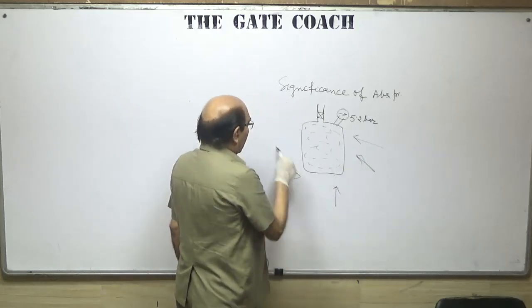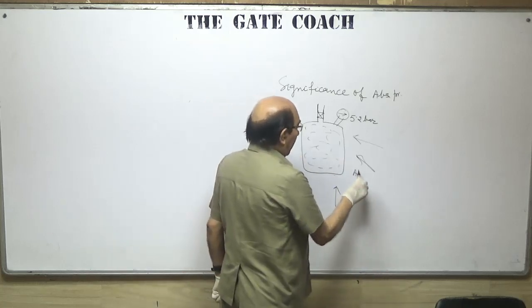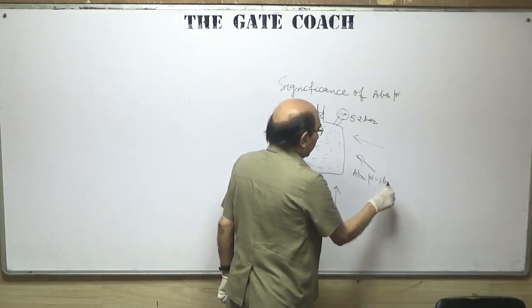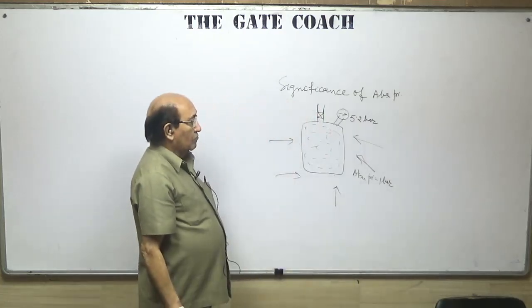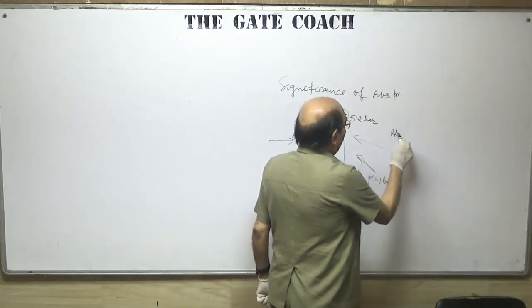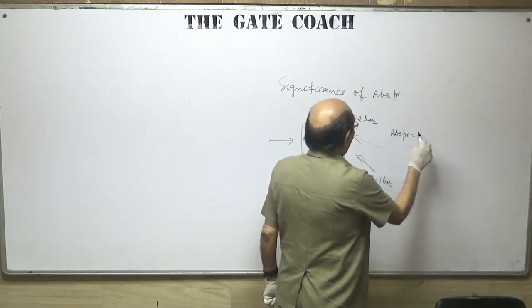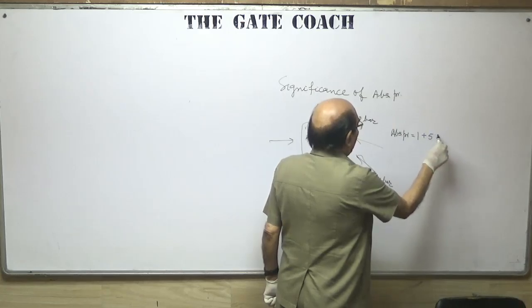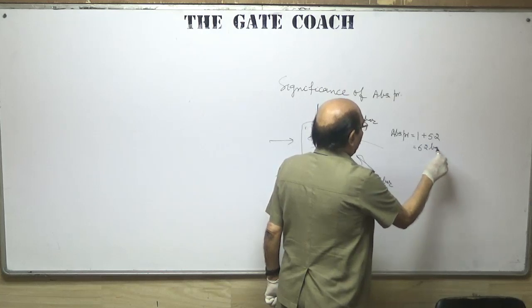And the atmospheric pressure is 1 bar. The absolute pressure becomes atmospheric pressure 1 bar plus gauge pressure 5.2 bar, which is 6.2 bar.